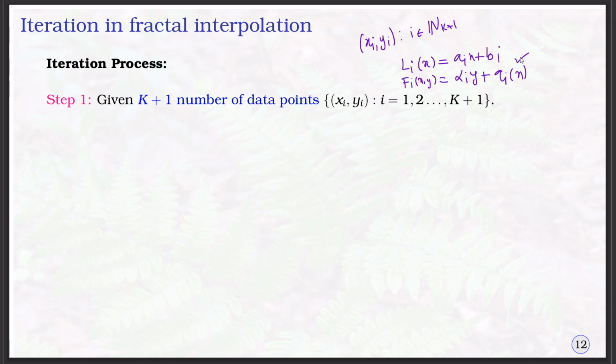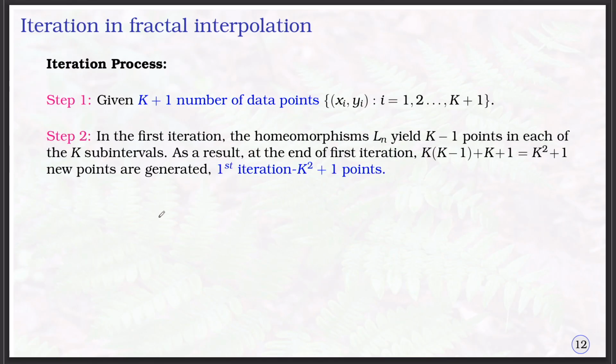Now you can observe that, given k plus 1 data points, in the first iteration the homeomorphism Ln yields k plus 1 points in each subinterval. How does it work? Say the data points are x1, x2, up to xi, xi plus 1, and xk, xk plus 1.